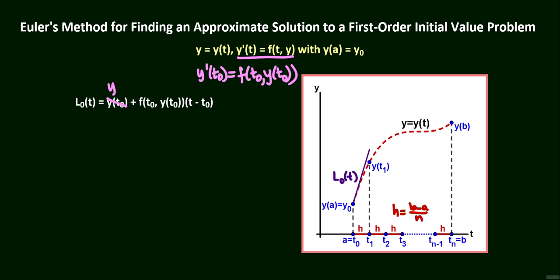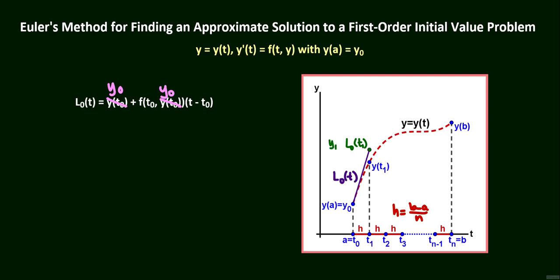y of t sub 0 is y sub 0, so that L sub 0 of t equals y sub 0 plus f of t sub 0, y sub 0, times the quantity t minus t sub 0. We find the value of L sub 0 of t at t equals t sub 1. L sub 0 of t sub 1 is Euler's method's approximation for y of t sub 1.